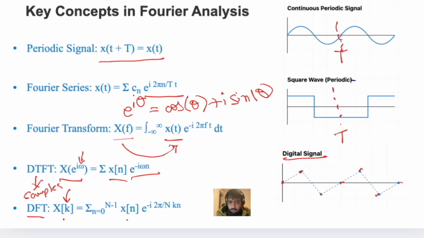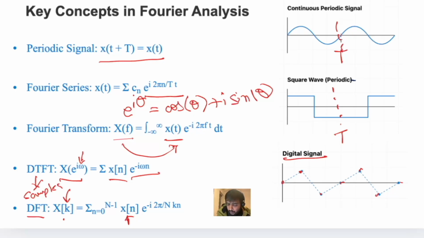So in practical terms, the discrete Fourier transform allows us to compute the frequency response of a finite length signal, where x of n is of finite length, and it gives us a discrete set of frequency components, each representing the strength of particular frequencies in the signal.